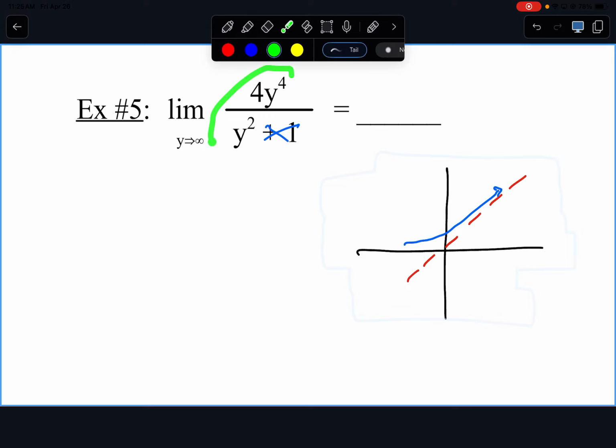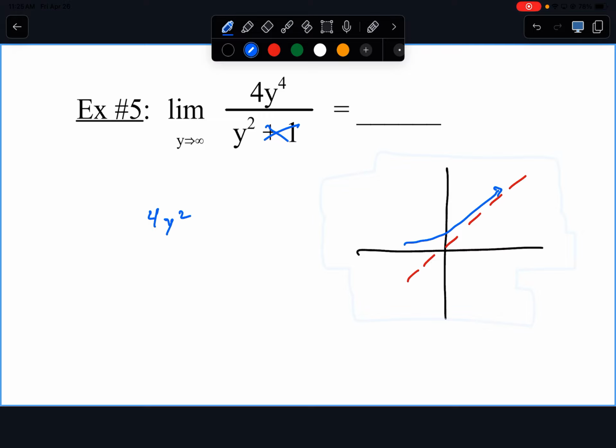Go back to your highest degree terms and simplify. What does that simplify to? Do some canceling. The y squared on the bottom cancels out 2 of the y's on the top. So that would simplify to 4y squared. Thank you. Yep.